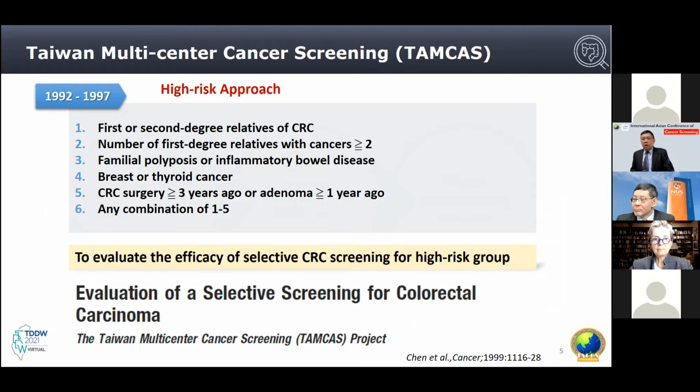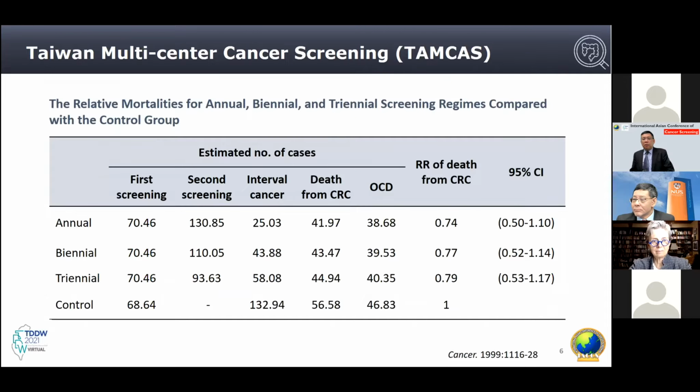This also demonstrated evidence of mortality reduction of around 30% using this high-risk group approach, and supported delivering the screening to the population.